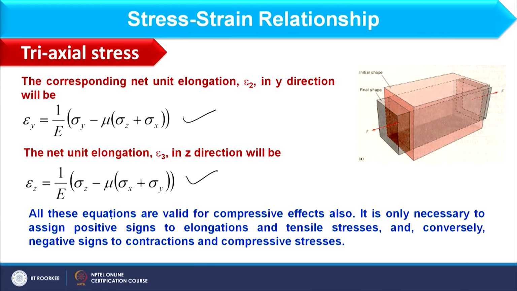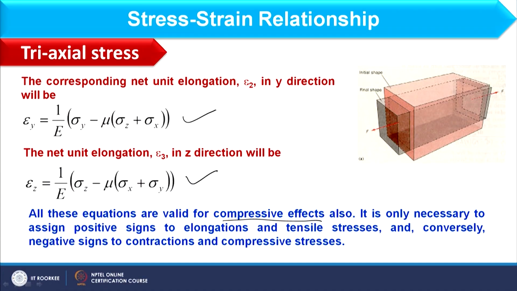However, all these equations are also valid for compressive effects. How do we consider that? In compressive stress we have negative strain. So, compressive stress as well as strain would be represented by a negative sign.